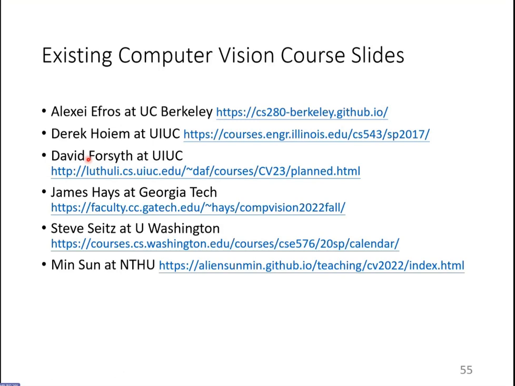And U Washington is the University of Washington. And then National Chung Cheng University, CCU. In computer vision, those are the top universities, so their slides are very, very useful.